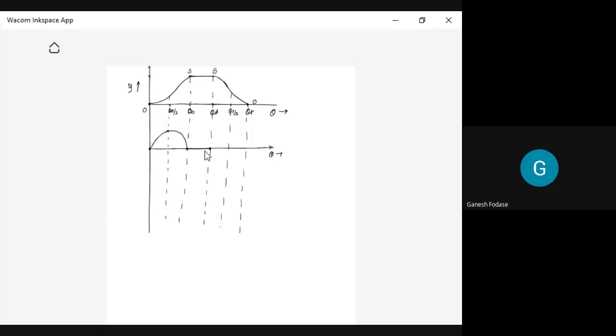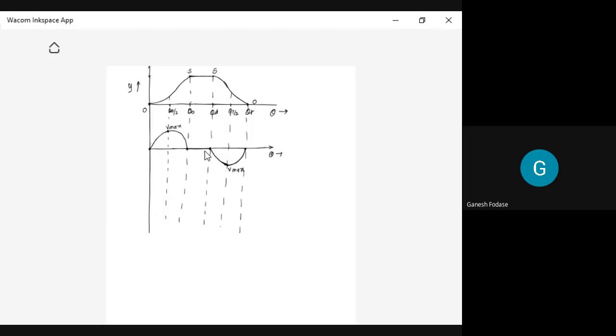Hence for return, here it is the maximum value V max, the same value is maximum here also, but in the opposite direction. At the end again it is 0. So the nature of the curve is similar to the rise stroke, only the difference is that it is in the opposite direction. So it is again V max. And how much is V max? The value is known to you. It is pi upon theta o into s by 2 into omega. So this is the nature of the velocity curve.